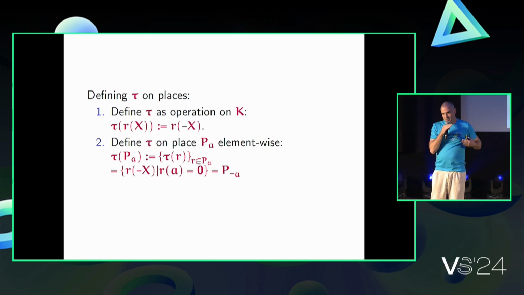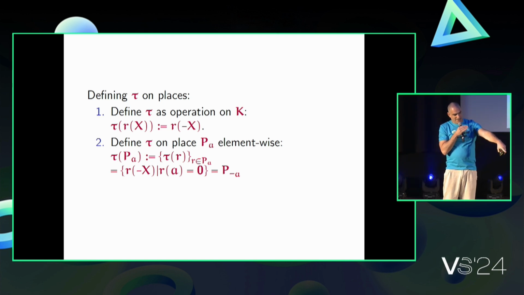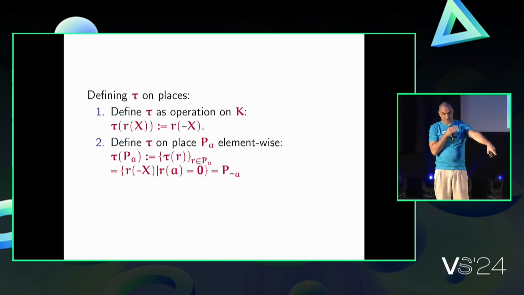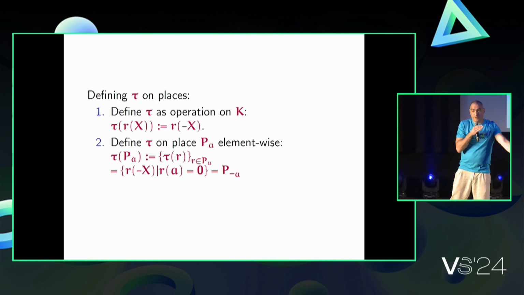And the cool thing is that this acts like the natural map x goes to minus x, because this gives us all the functions r of minus x, where r of a is 0, because we're in PA. So those are exactly the functions that are 0 on minus a, which is P minus a.